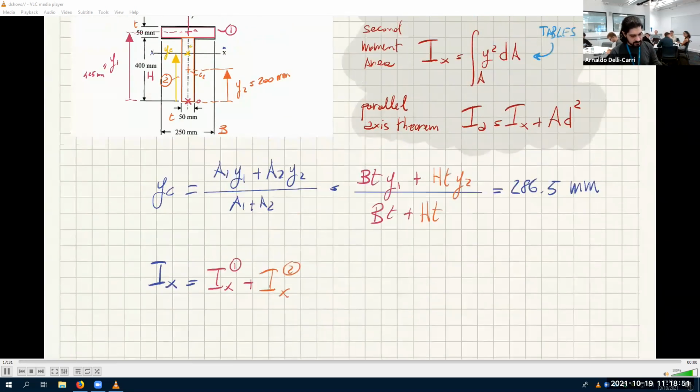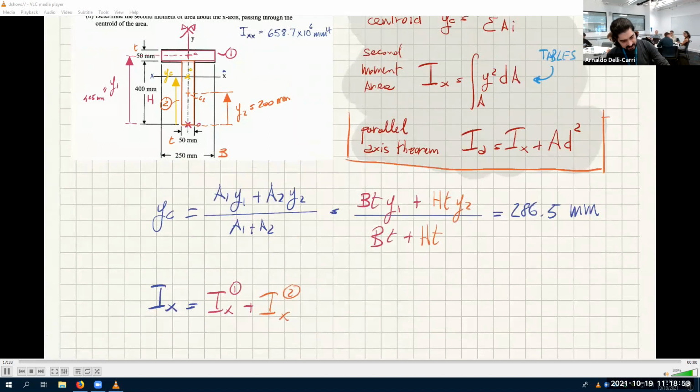We use what we call the parallel axis theorem, which we also did last year. And it's about transforming a second moment of area, which we do know, into a second moment of area, which we don't know, as long as the two axes are parallel to each other. You can transform one into another by just adding this term here, which is the area times the distance between these two axes squared.